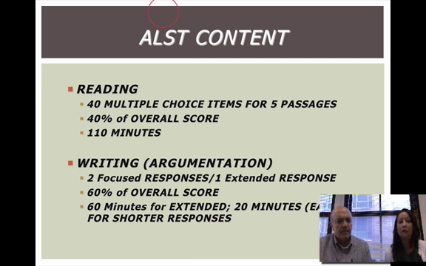The reading comprehension component consists of 40 multiple choice items, which is a combination of reading passages and short multiple choice questions. The writing consists of 3 essays. 2 are called focused responses, and they're a maximum of 200 words. In addition, there's an extended response essay, and that's up to, I think, between 200 and 400 words.